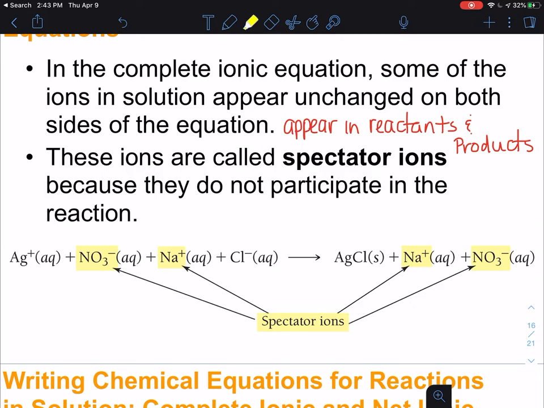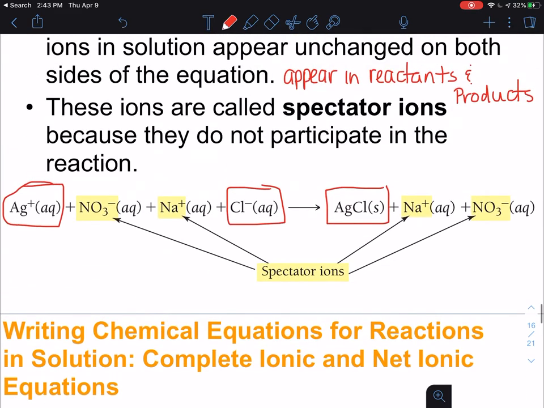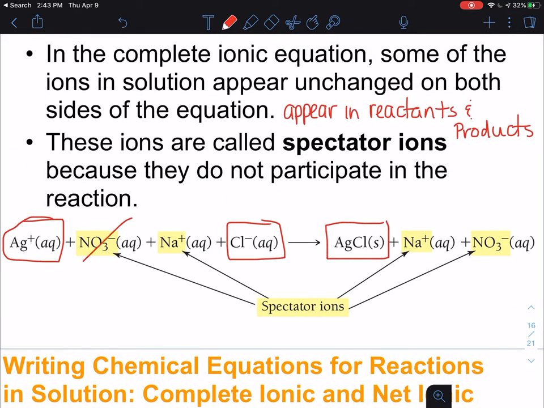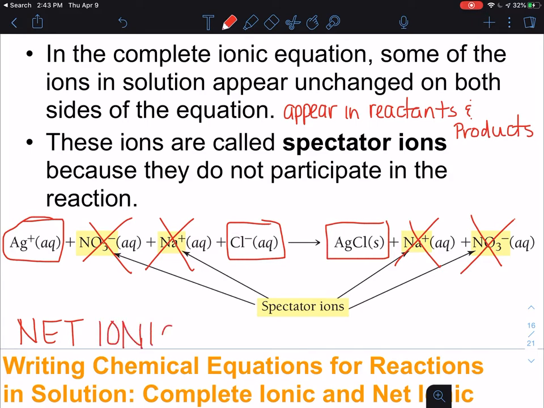What is not a spectator ion is our silver ion, our chloride anion, and the compound that's formed. I'm kind of jumping ahead, but when we take out these spectator ions, that gives us a net ionic equation.